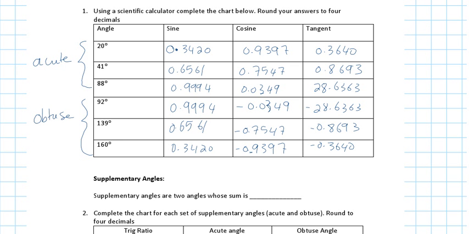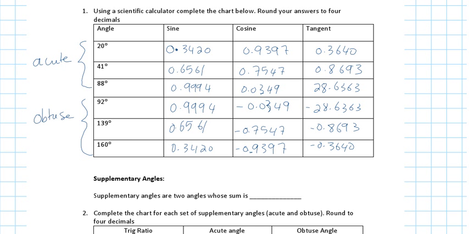They have the same, similar numbers, but some of them are uneven. Okay, so you've noticed that the 92 and the 139 and 160, they have some negative, right? While the ones that are acute, they don't have anything that's negative. That's one good point.